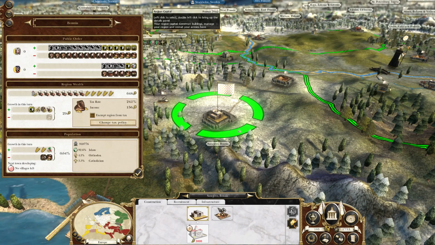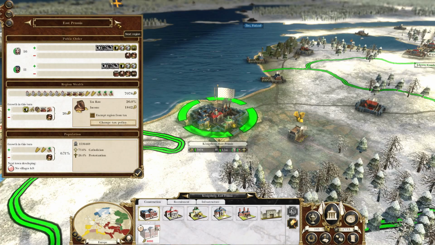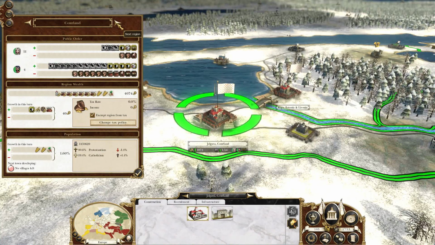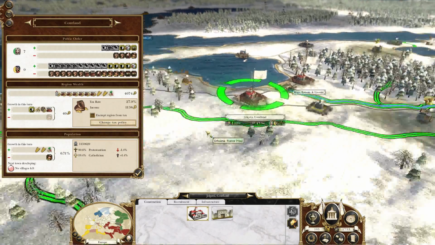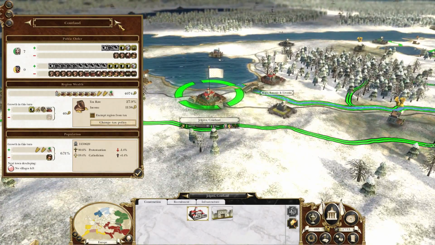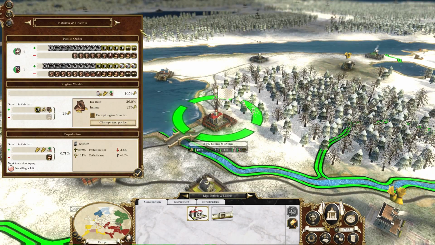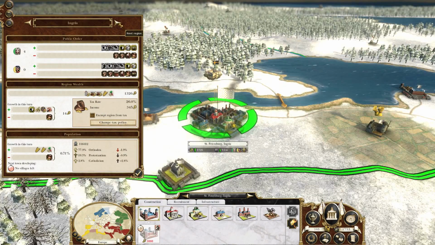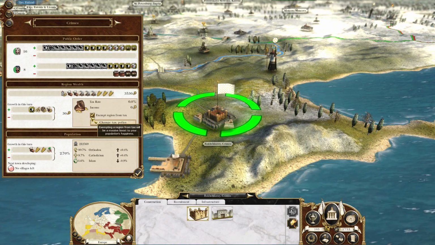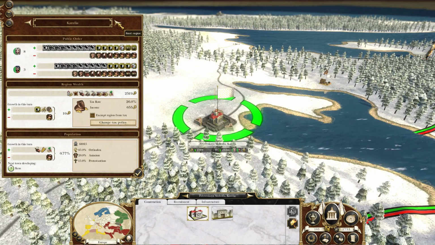Oh, look at that. That's nice. Oh yeah, that's 1,000. That's exactly what I need. Another. No, that's not another 1,000, but it's fine. 200. 700.